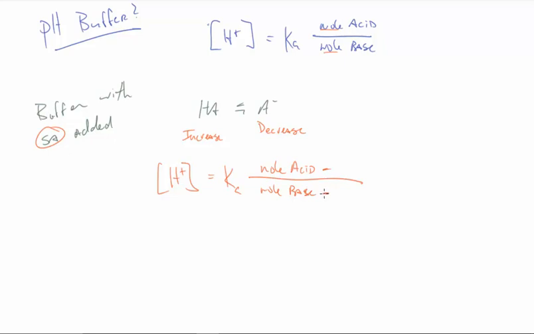Well, I was going to decrease base, and I was going to increase acid, right? And so all I do here, this is moles added, because this is a stoichiometric ratio here. I'm going to subtract from the base, because that's what decreased, that's what got neutralized, and then it converted to the acid. And so now all of a sudden I just simplify this equation. I've got H plus here, and I know the negative log of H plus equals pH, and I can figure out the pH of my buffer, right?